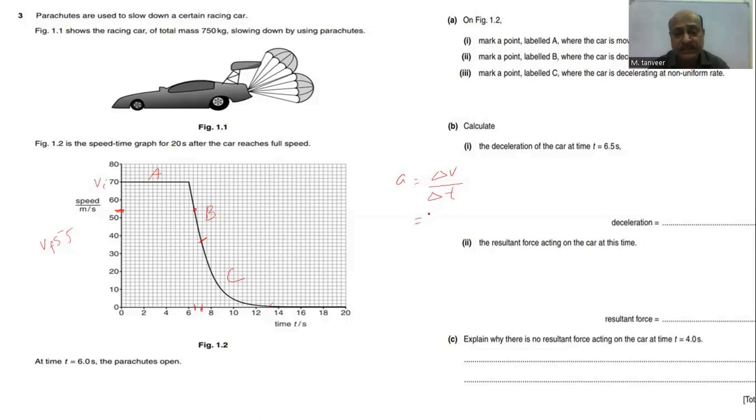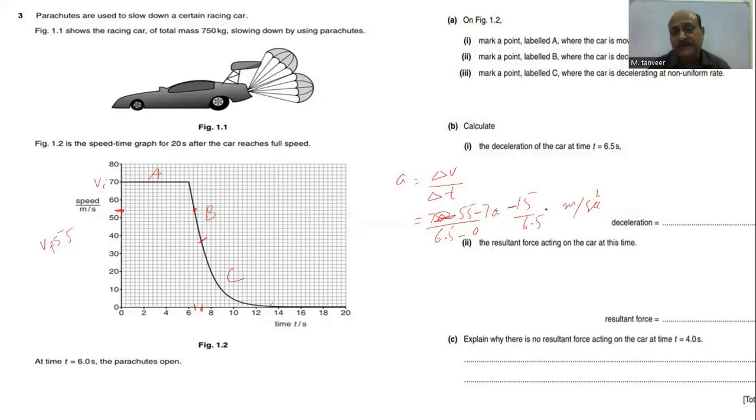Change in velocity is 70 minus 55, and change in time is 6.5 minus 0. This is 15 divided by 6.5. Sorry, 55 minus 70, since it is decelerating. So it will be minus 15.